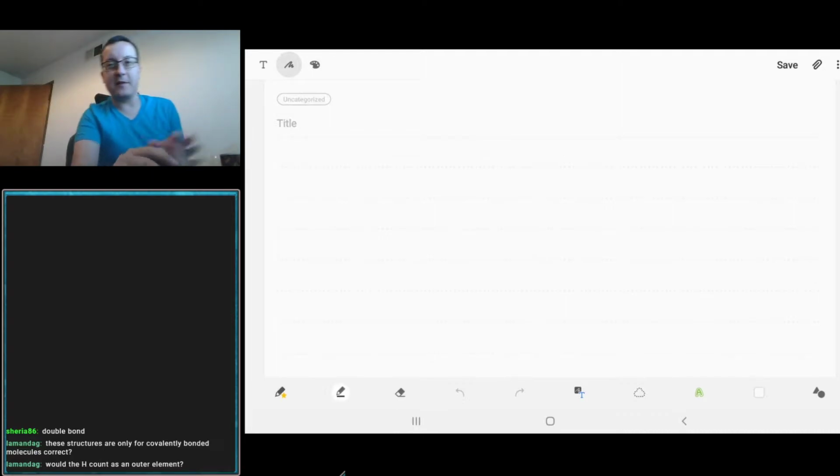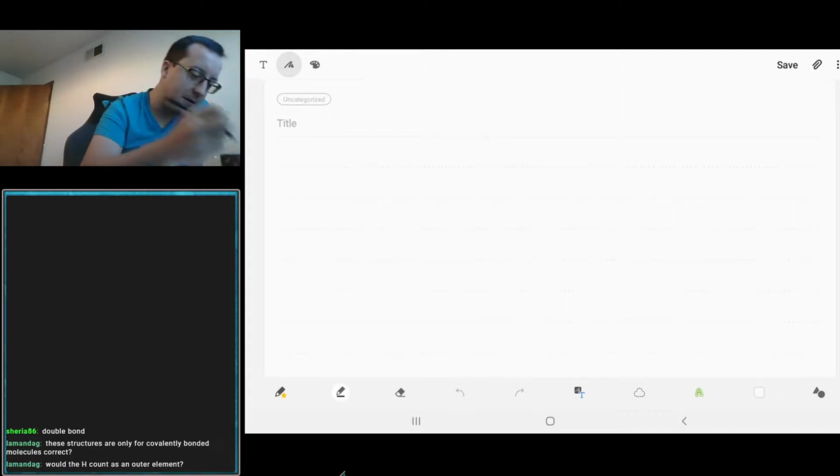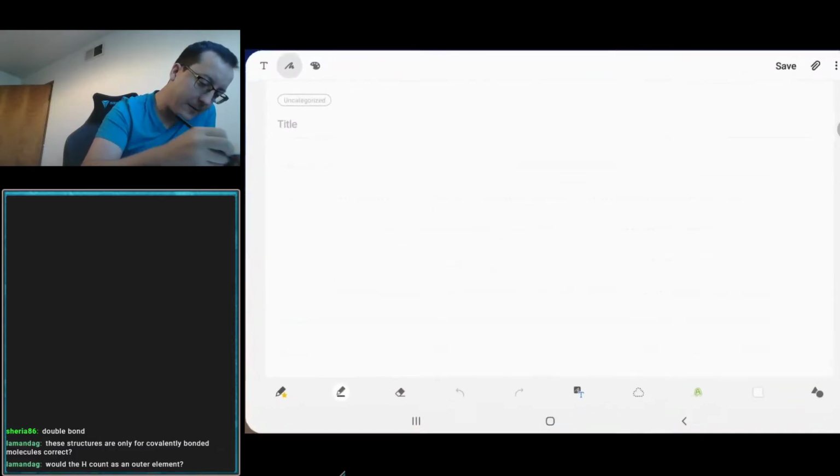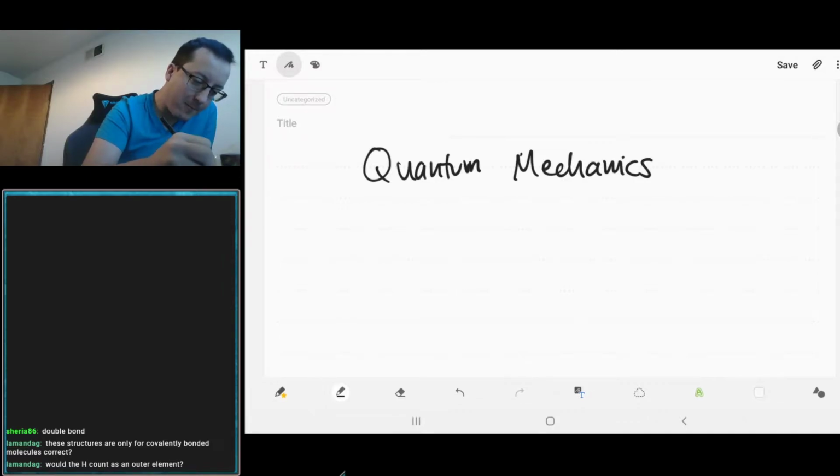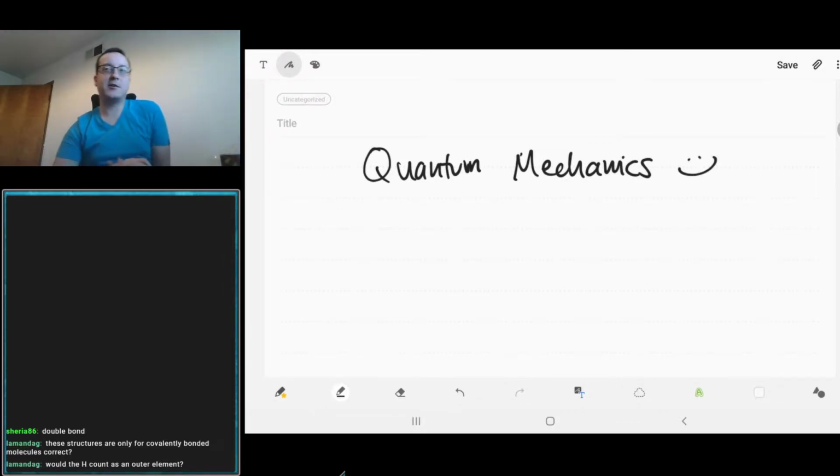So if you thought this last one was hard, the last chapter, here we go. This chapter is on quantum mechanics, which is, of course, the easiest part of chemistry.